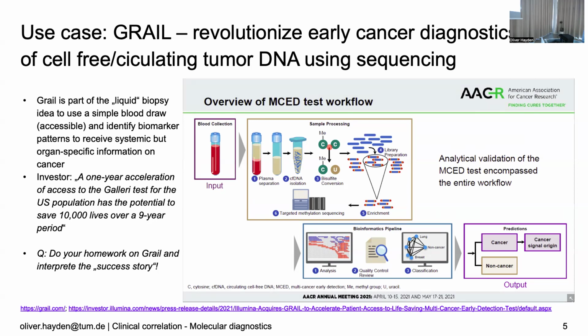The body recognizes what is the older sequence from when they do a replication, for example, from the newer sequence. So if there is an error, the body actually recognizes the error on the fresh sequence, which is not methylated, and does the repair on the right side, and does not introduce a new error in the hard copy, essentially. Okay, so those are the things how the body regulates.